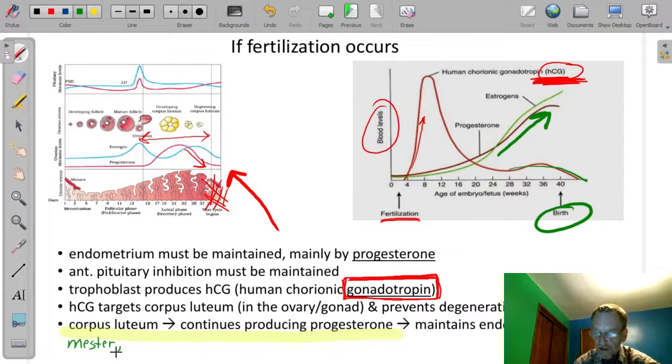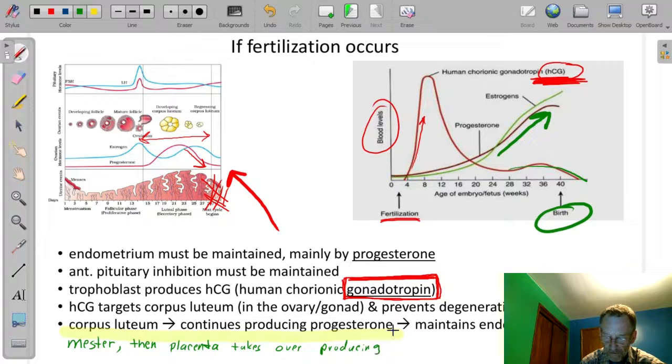Then you still need to be producing progesterone and estrogen, but the placenta takes over producing progesterone and estrogen. Maintain the endometrium. Maintain the pregnancy.